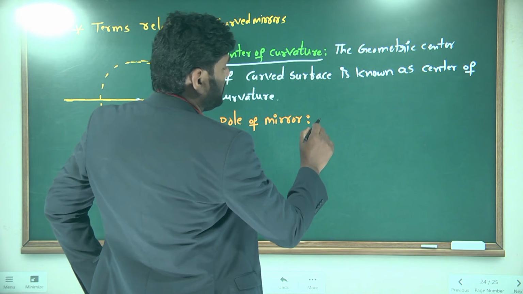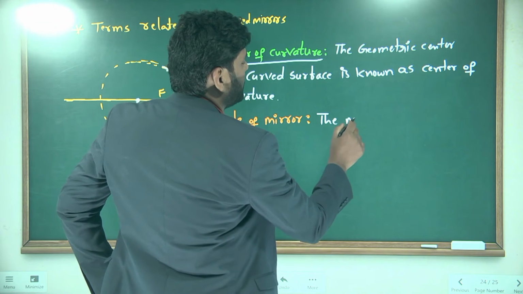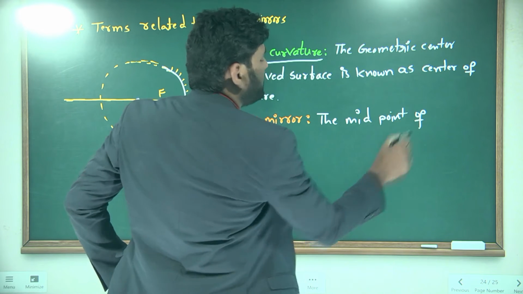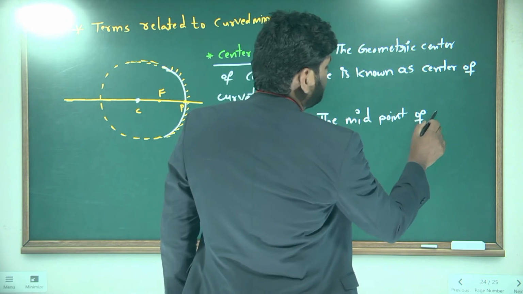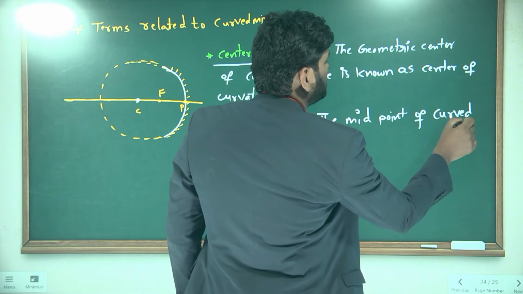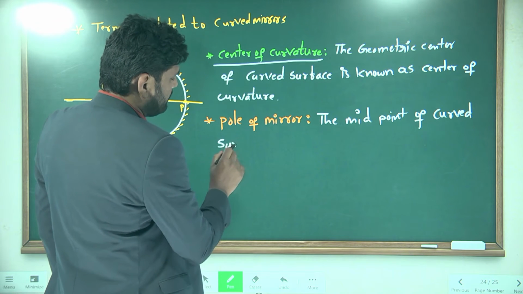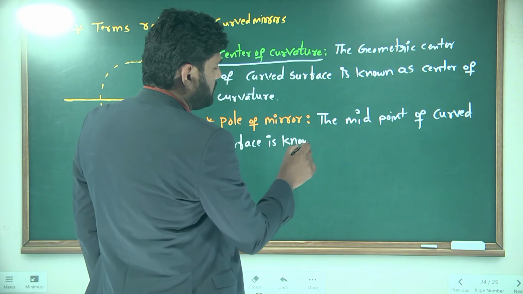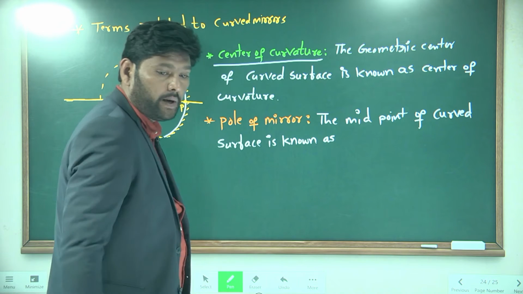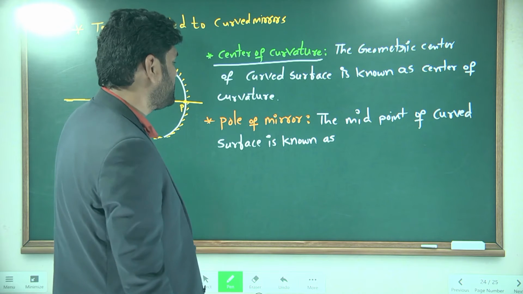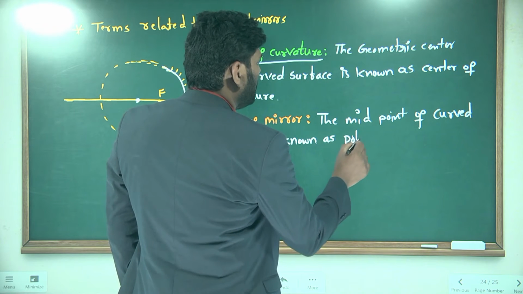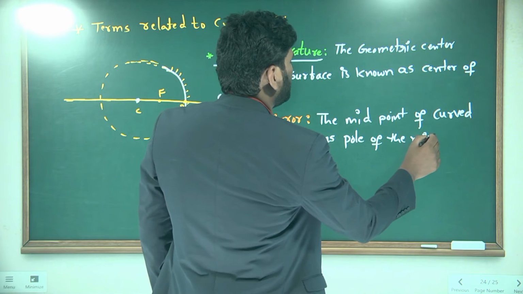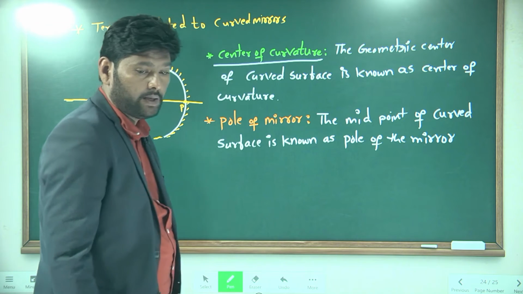Pole of curved mirror is nothing but the midpoint of curved surface. The midpoint of the curved surface is known as pole of the mirror.